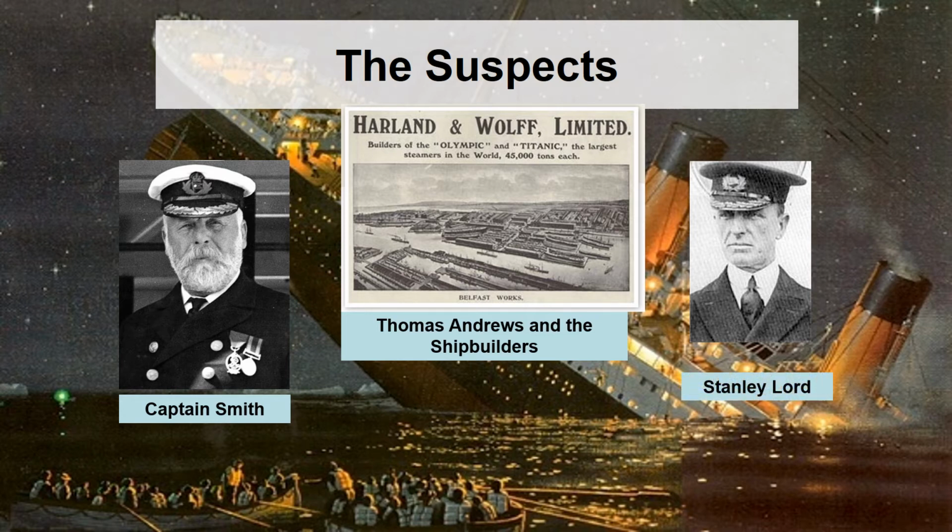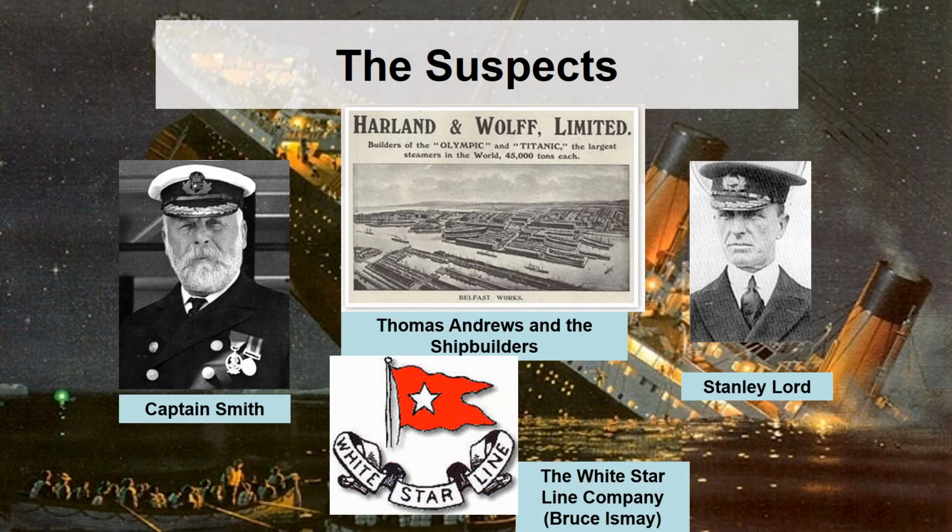You have Stanley Lord, who was the captain of the California, and you have the White Star Line company itself and Bruce Ismay, who was the managing director. So think about who was to blame for the Titanic sinking. You did a lesson on this as well. Think about the different reasons why these people or these groups are blamed for the Titanic sinking.